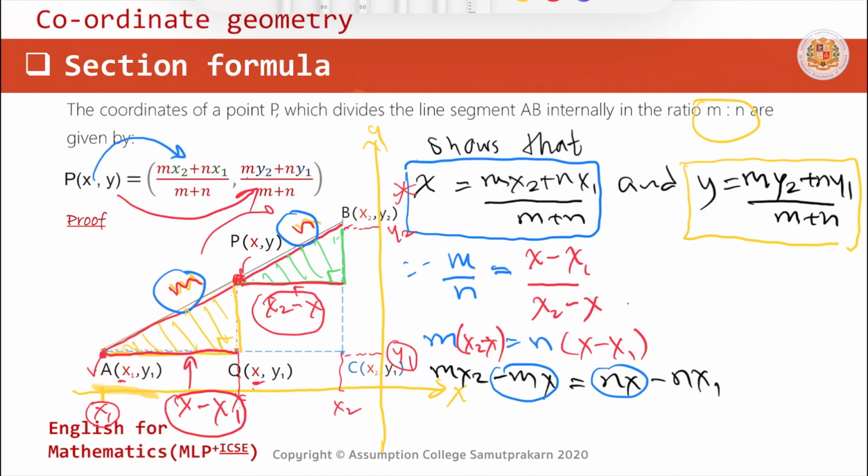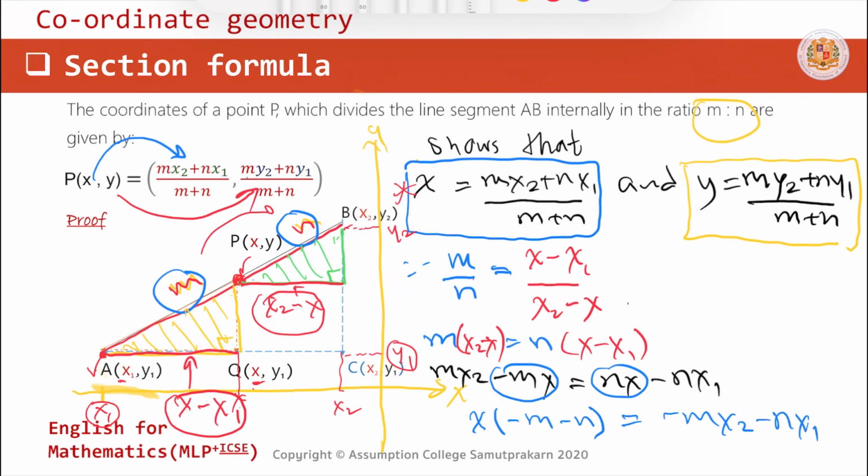So we're gonna get, and at the same time I'll factorize it, x times negative m minus n, right, equal to, on the other side, negative mx2 minus nx1, right?